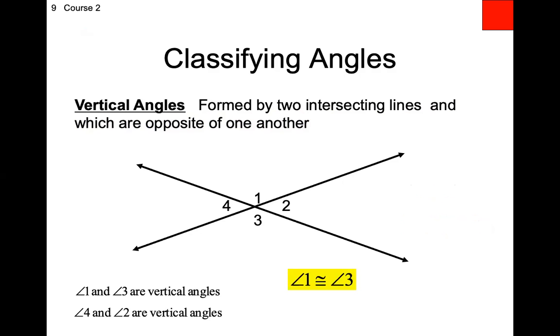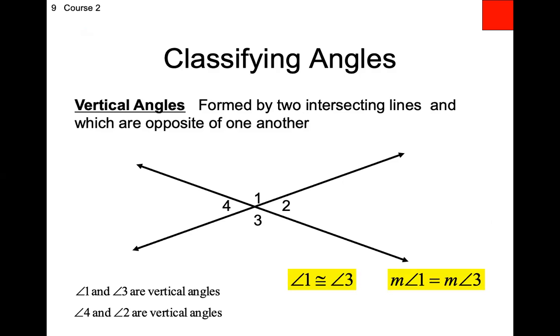If we want to talk about their measurements, how would we write that? Measurements are never congruent. How do we write that? That's how we write that. Once again, this is the name, this is the measurement. So we're saying that angle 1 is congruent to angle 3.